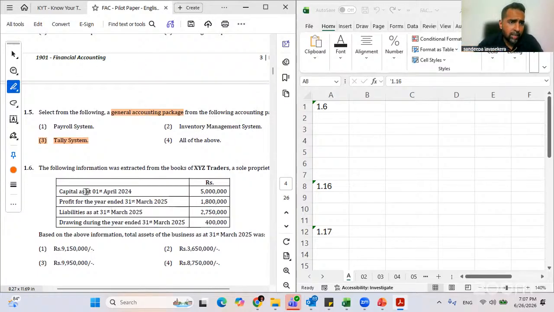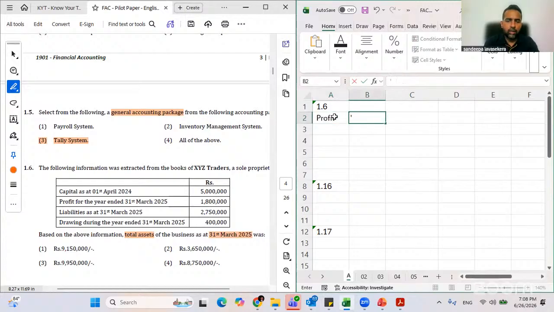1.6. They have given us the capital, the profit, the liabilities, and the drawings, asking us the total assets as at the year end. So you need to use the profit equation. Profit equals closing equity minus opening equity plus drawings minus additional capital.